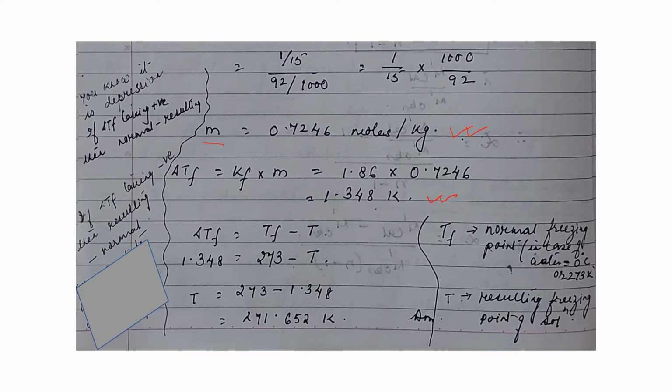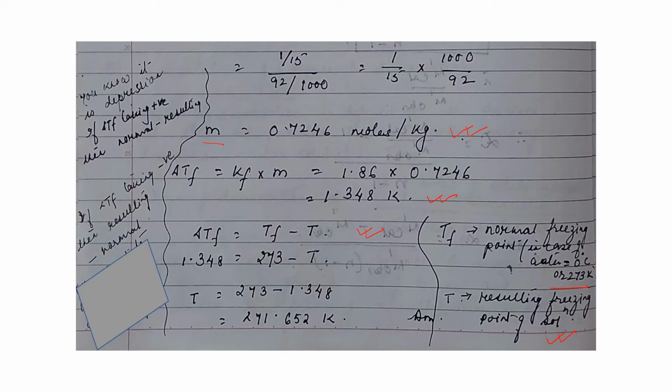So delta Tf is equal to Tf minus T, where Tf is the normal freezing point. In case of water, it is 0 degree or 273 Kelvin, and T is the resulting freezing point of the solution.